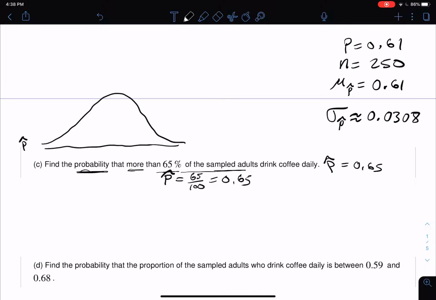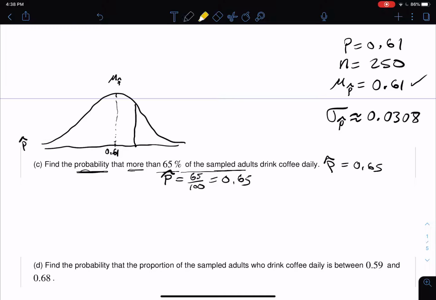And by the way, we also know what the mean of all the sample proportions is. It is this guy right here, which is 0.61. And so 0.65 is to the right of that.